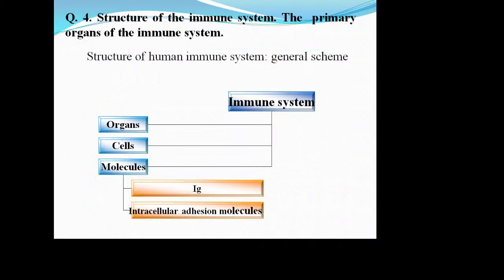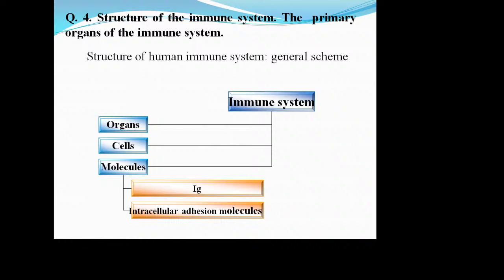Then, we have said that the main role of immunology is the study of the immune system. What is the immune system? What is the structure of the immune system? Before we talk about organs of the immune system, we should say about its structure. So the immune system includes organs.